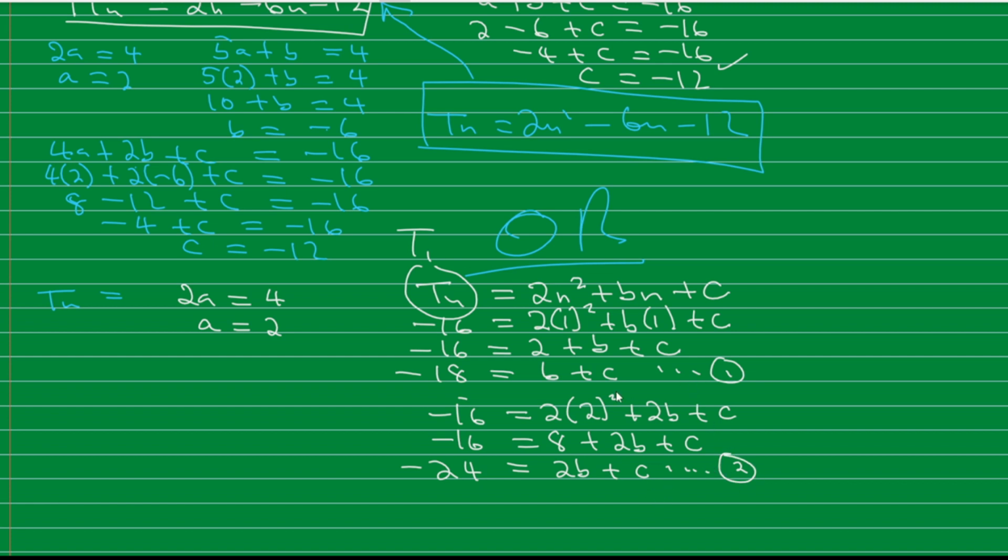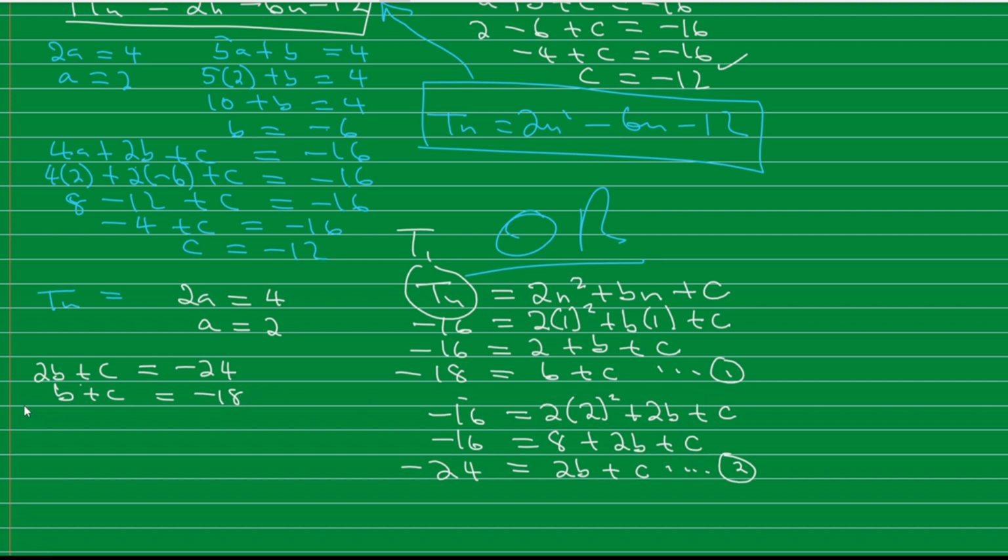We are going to solve simultaneously. Remember, a, we got it already, so we are now finding b and c. So I'm now going to solve that one. I will write the equations. 2b plus c is negative 24. But b plus c is negative 18. I've written those two equations.